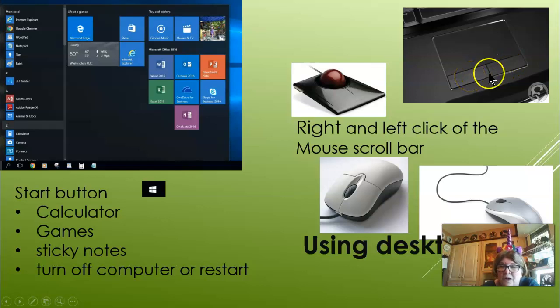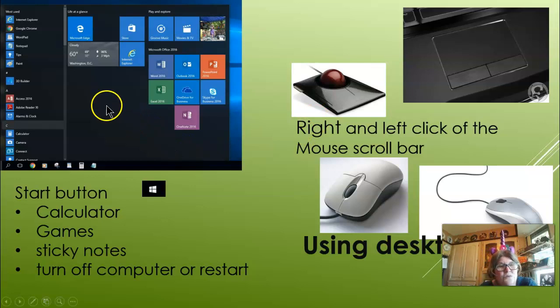Mine on my laptop is smooth, and I just go over to the right side and click. This mouse right here doesn't look like it has a very definitive right and left side, but of course it does. And then this is a strange mouse. I've tried to use one of those and it's kind of weird for me.